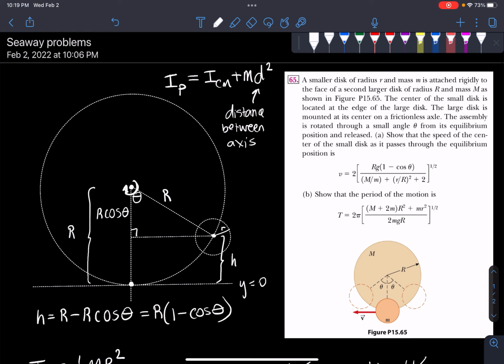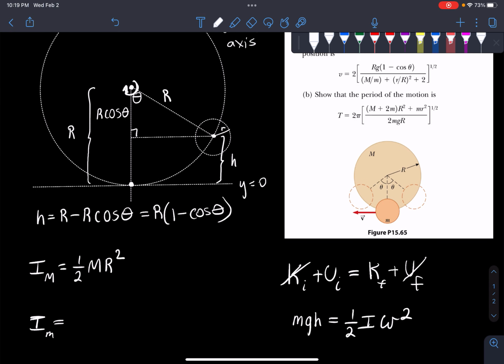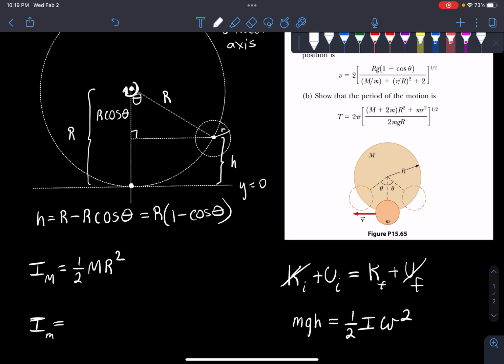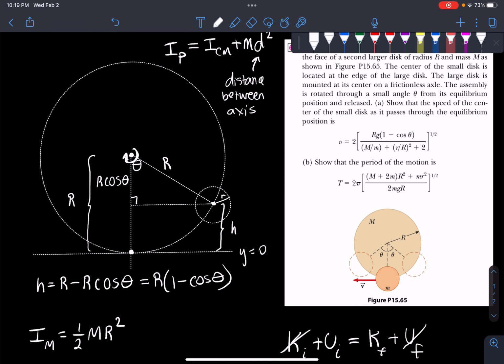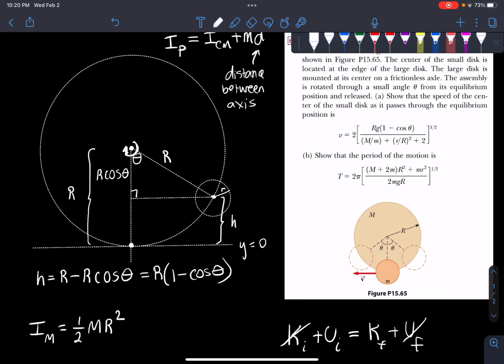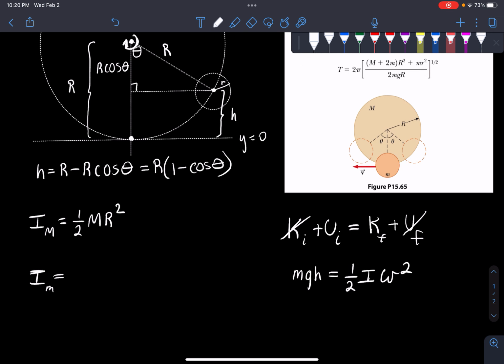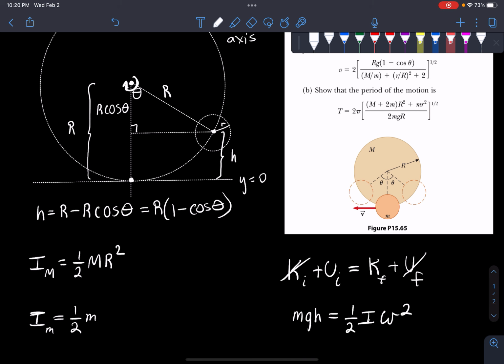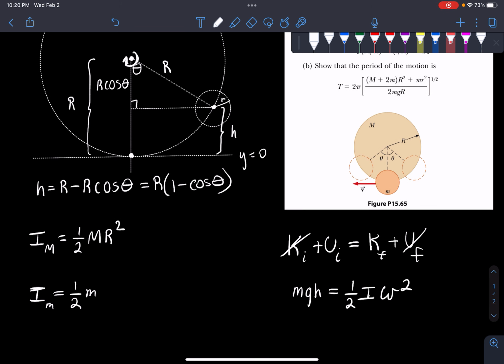Okay, so if we go back to our picture, the moment of inertia of the little mass, the little disk, we're going to have to use this parallel axis theorem. So the moment of inertia of it about its own center of mass, again, is a solid disk. So that's 1/2 little m, because we're talking about the little disk, and then its radius, which is a little r squared.